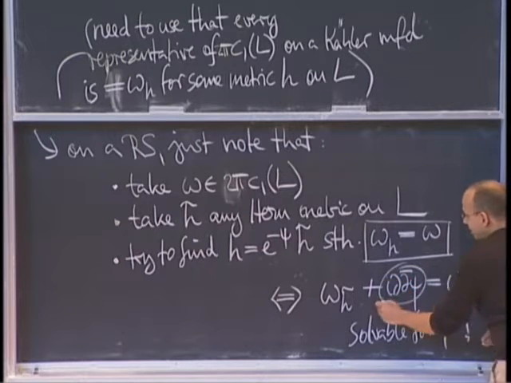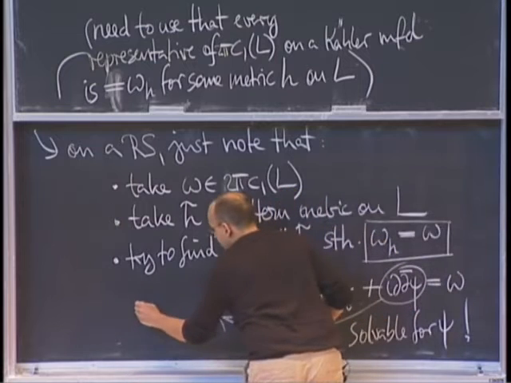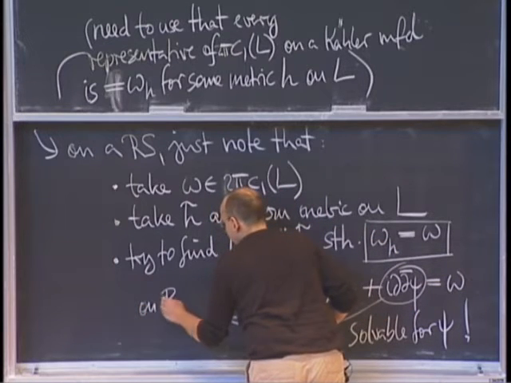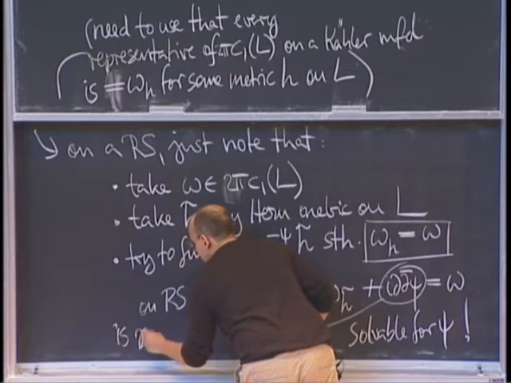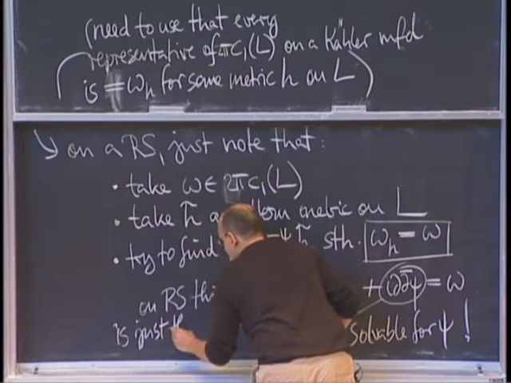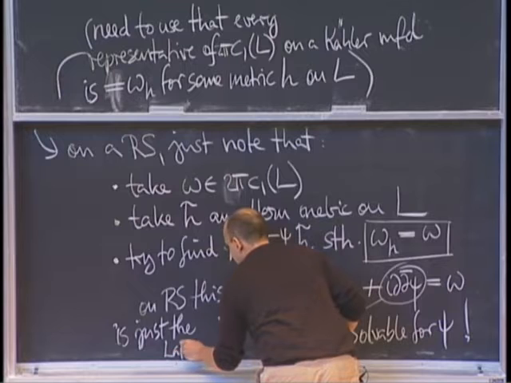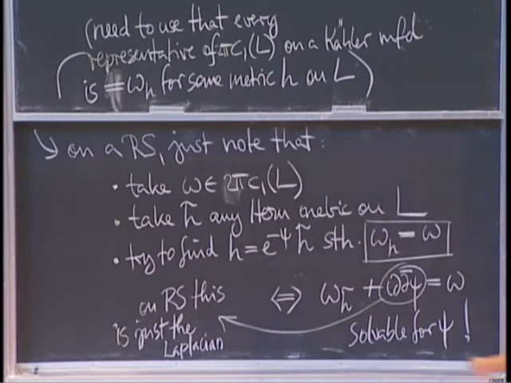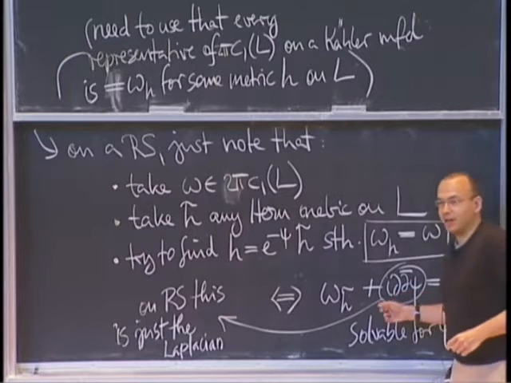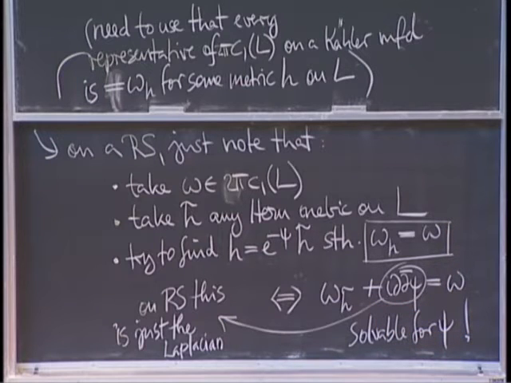So it's just a Laplacian. Okay, modulo the fact that you have to know how to solve the Laplace equation on a Riemann surface. So a unique solution, modulo additive constant, when the right-hand side has mean value 0.